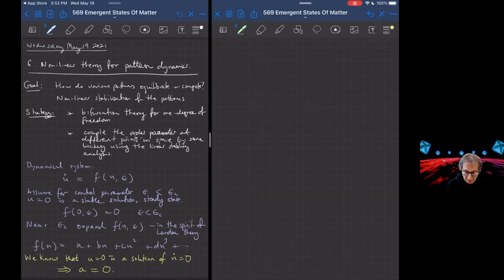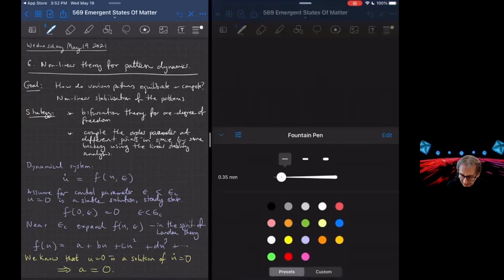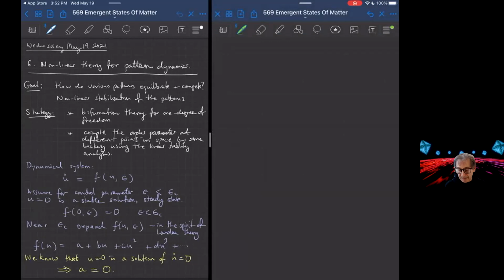Well, the next constraint that we have is that epsilon c is the critical point. So next, we know that for epsilon greater than epsilon c, we have an instability to a presumably periodic state.